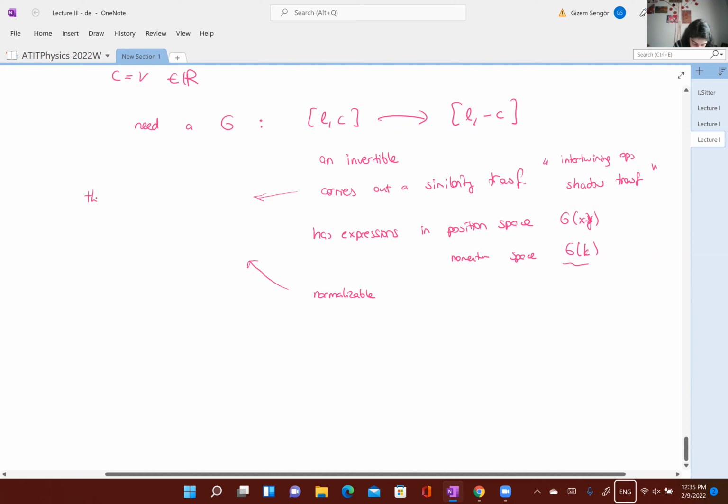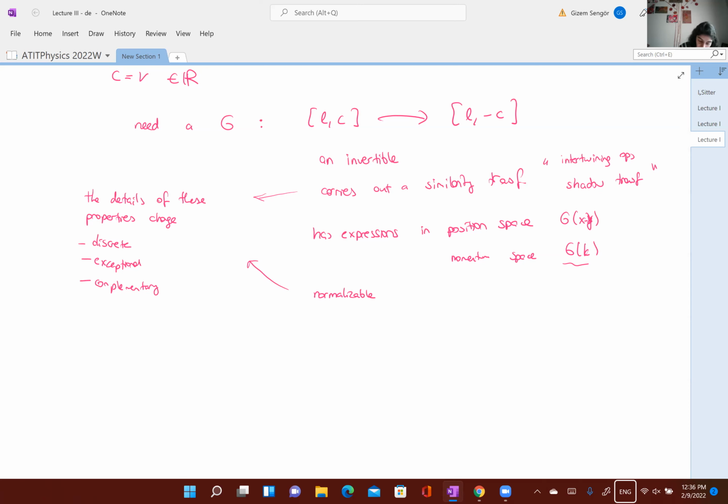The details of these properties change between discrete, exceptional, and complementary series. That's why you have these three categories. They have different G's defined for them, okay? Hence the difference.